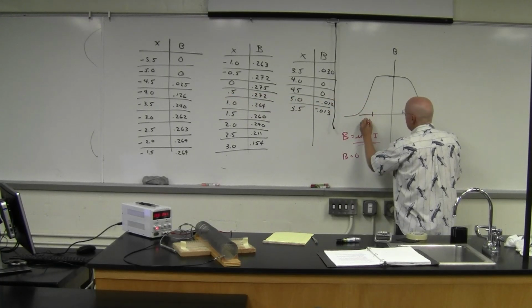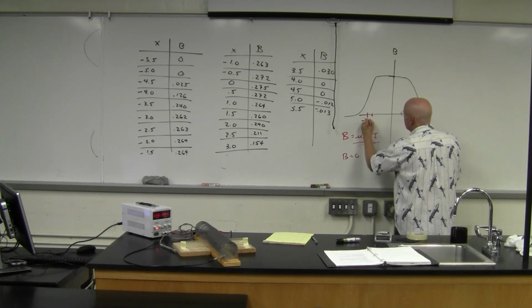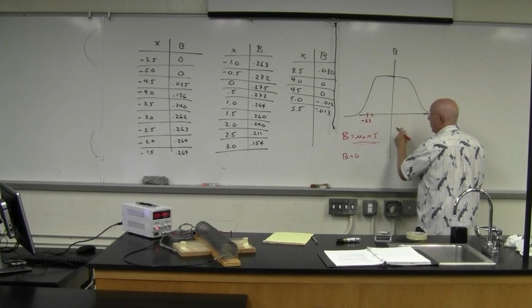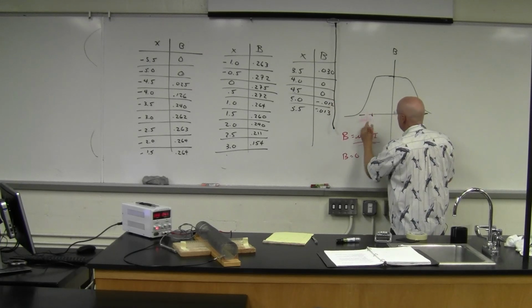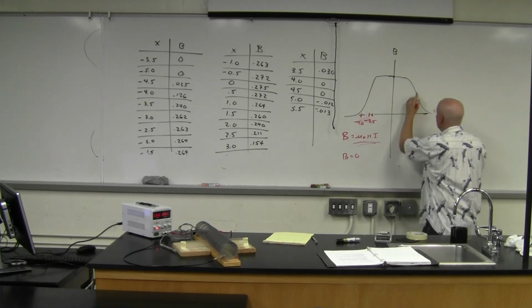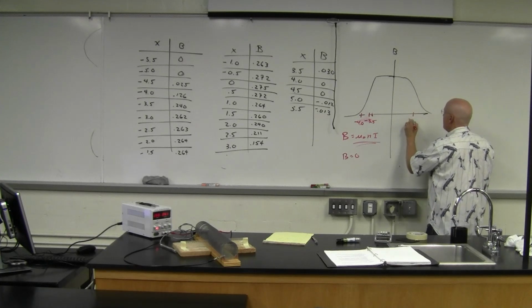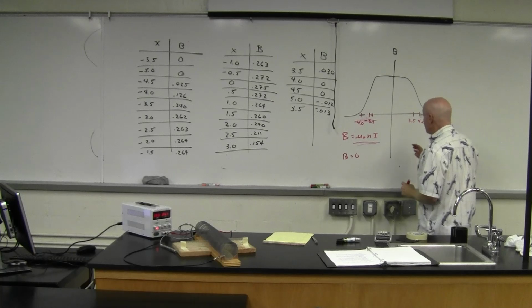So at negative, let's call this negative 3.7, you're going to plot every increment, so between negative 3.5 and negative 4.0, and the same thing over here, between a positive 3.5 and a positive 4.0, it should change.